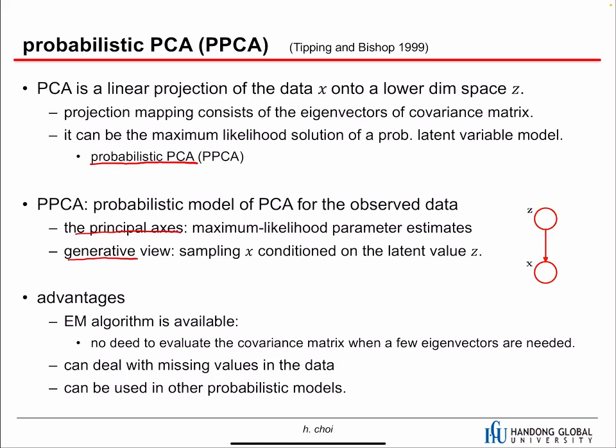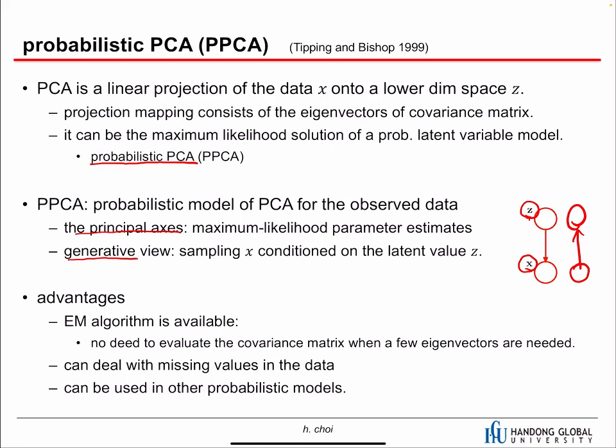But in PPCA, it goes from Z to X. So the observation X can be obtained by sampling X conditioned on the latent value Z. The latent variable Z is given, then X can be generated based on Z. So the direction is different.